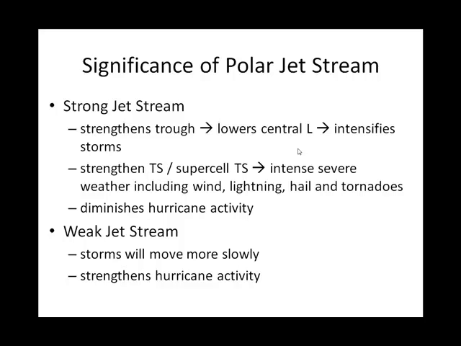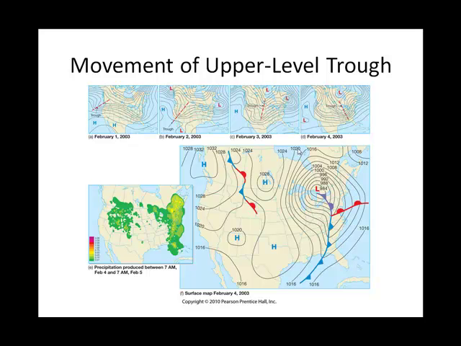So this is showing you the movement of a weather system. Particularly, we have a cyclone and an anticyclone moving through the area. And as we watch these, the movement of the wind in upper elevations.